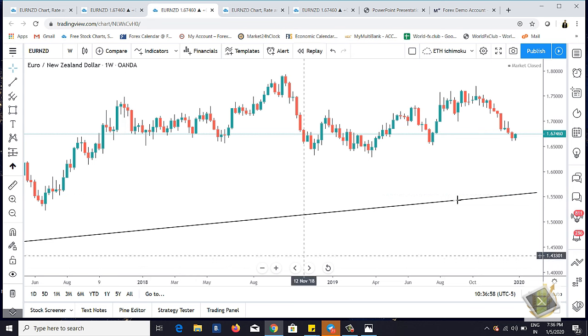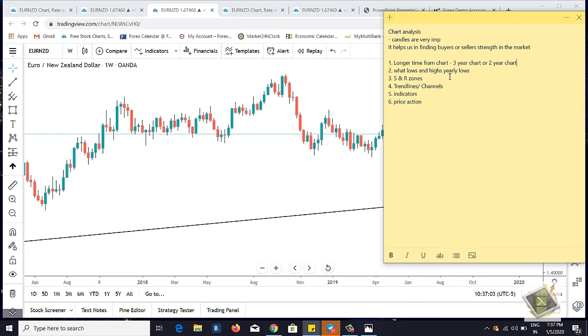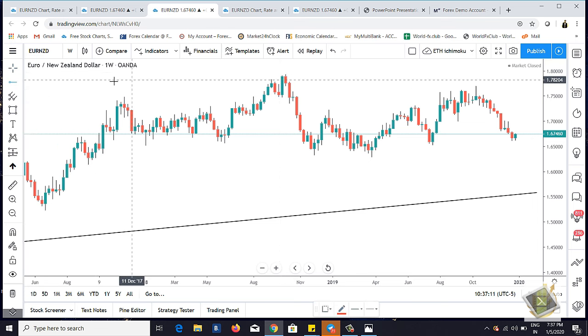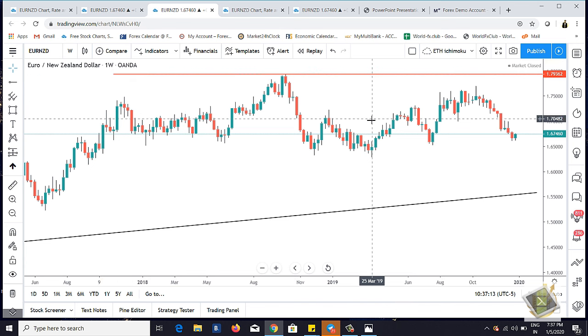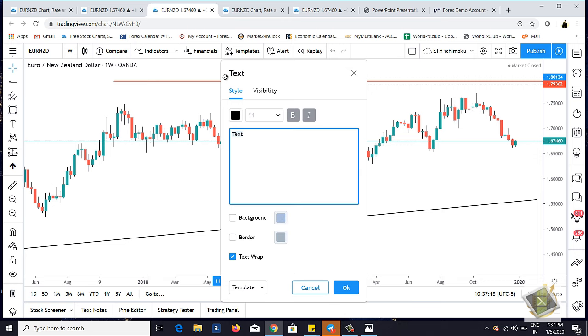Now what is the second point that we wrote? We have to find out lows and highs. I think this is the highest point, so I'll mark it. I'll write it here that this is the highest point.